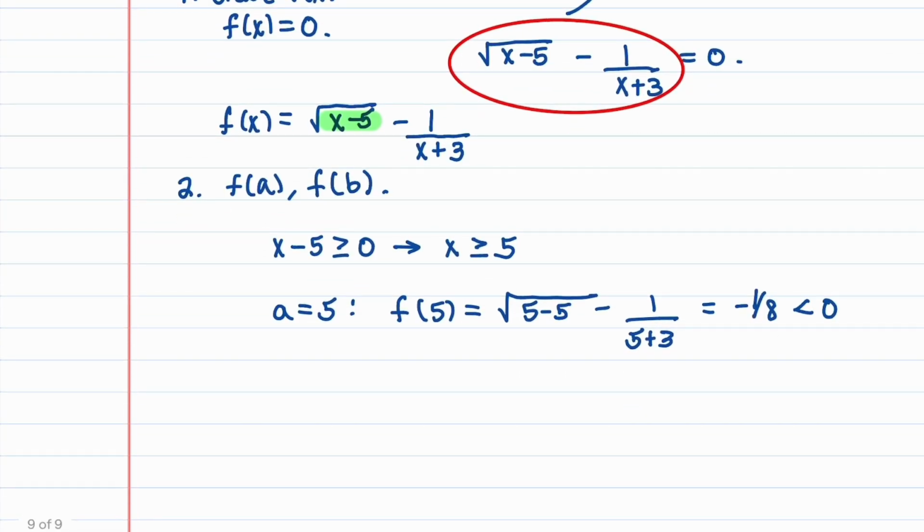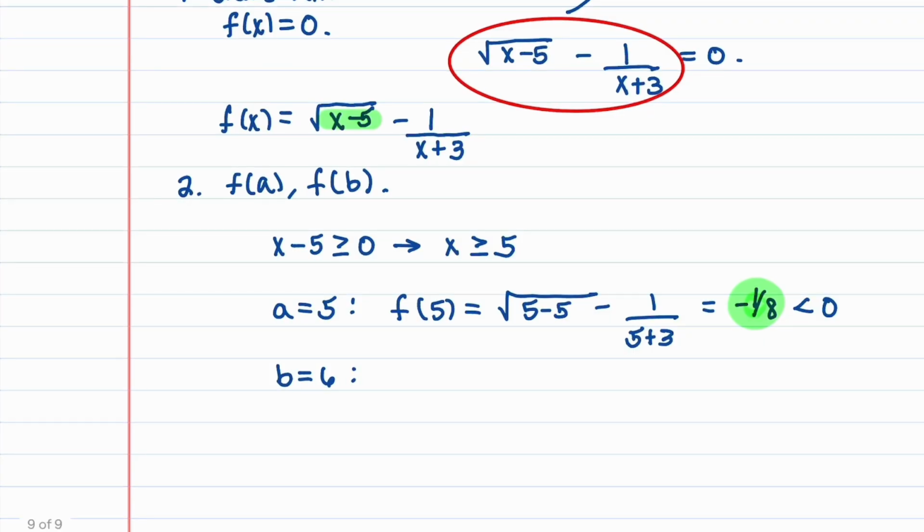Now we need to choose a b. We just need to pick a number that's bigger than 5. Notice that the answer that we just got was minus 1/8. That's really close to 0. So I have a guess that we could make b be equal to 6, and we might get a function that's bigger than 0. Let's see what we get.